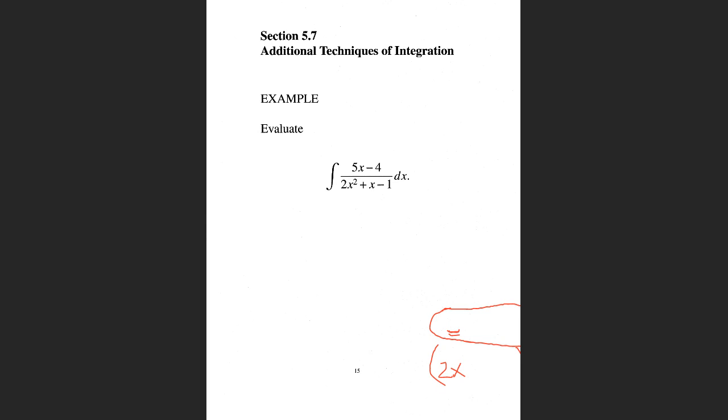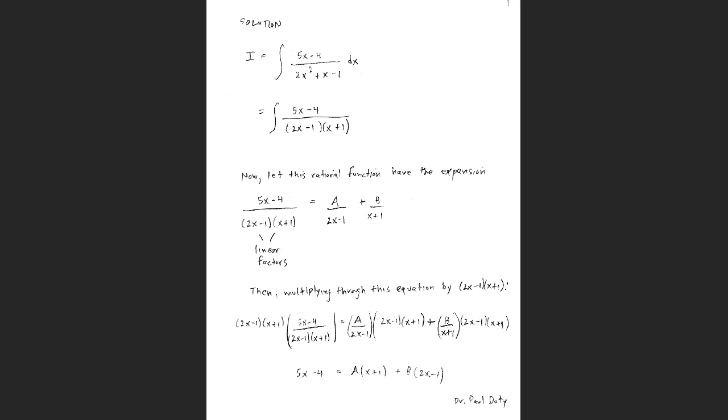Minus 1 and plus 1. That's right, Susanna: 2x minus 1 and x plus 1. So when you do these kinds of problems, you always have to have that denominator factored. So let me go to the next page. All right, I rewrite my integral I, where the denominator is factored.